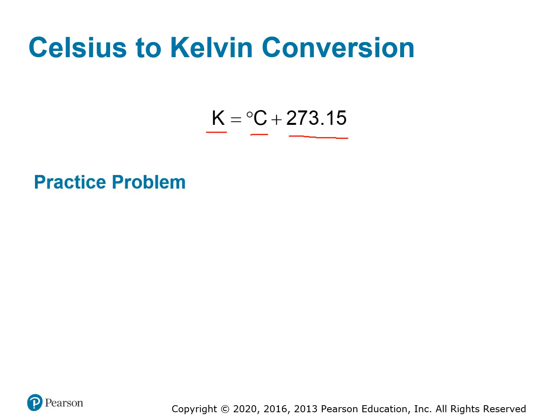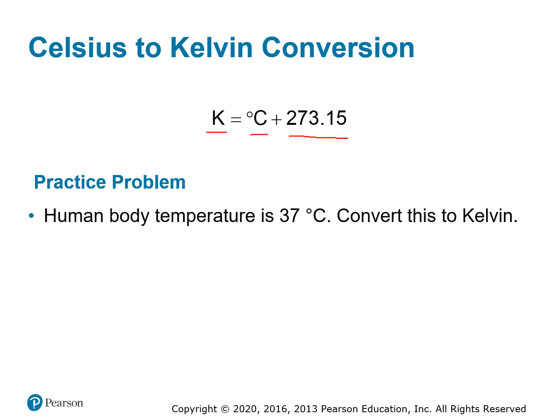So let's practice a problem on a temperature conversion. A normal human body temperature is 37 degrees Celsius, and if you have to convert that to Kelvin, what would you do? Remember this equation here.